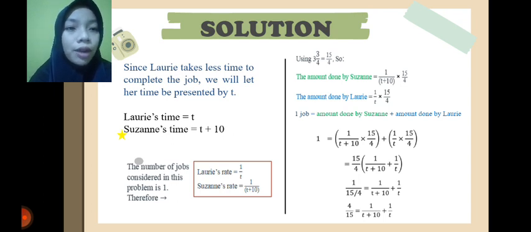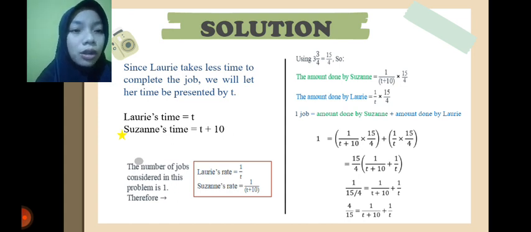So 1 equals 1/(t + 10) times 15/4 plus 1/t times 15/4. We get 15/4 times (1/(t + 10) + 1/t). We move the 15/4 to the left side, then we get 4/15 equals 1/(t + 10) plus 1/t.